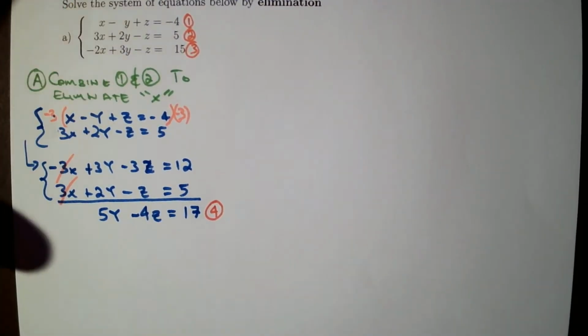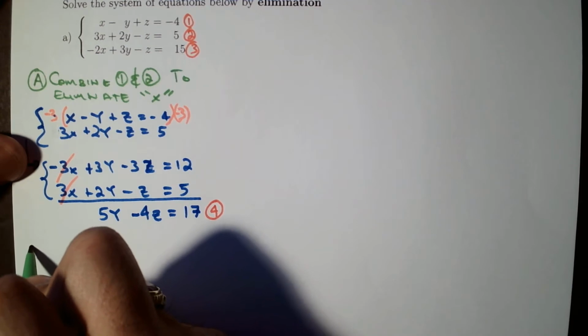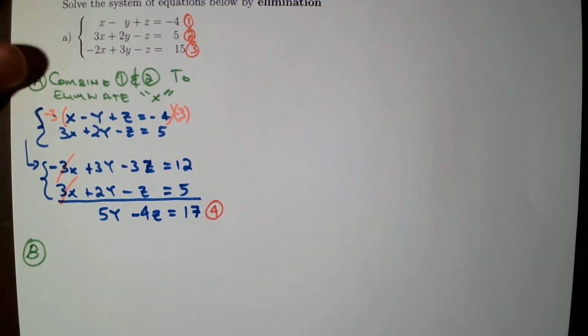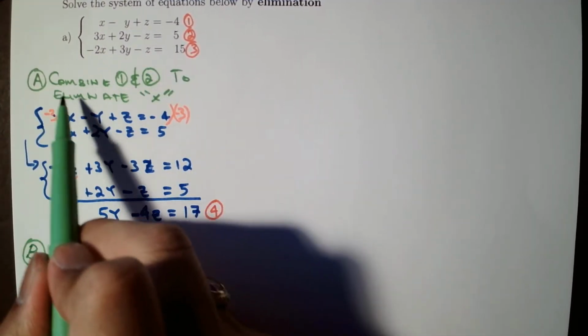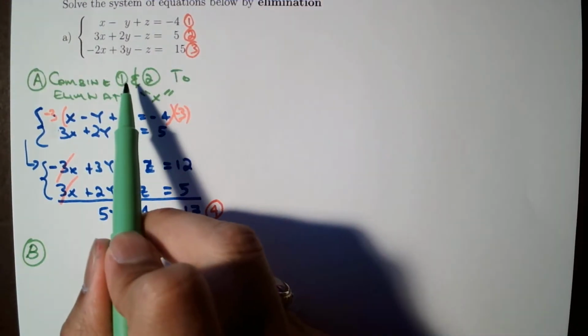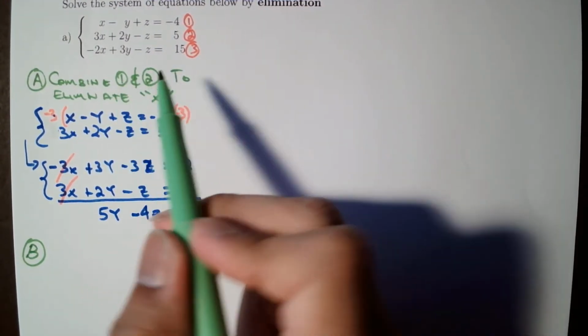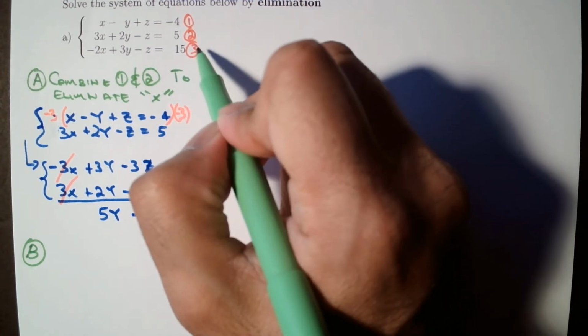So now I'm going to do part B. Part B, we're going to do something similar to part A, but instead of combining 1 with 2, what I'm going to do is combine 1 with 3.